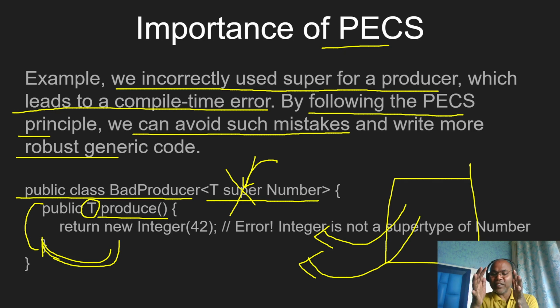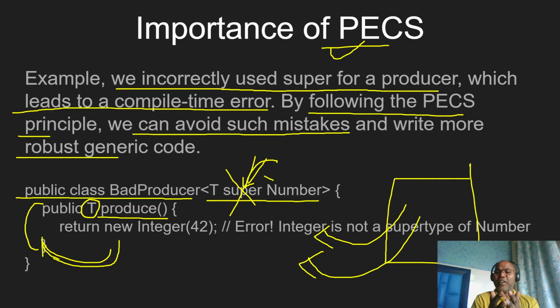So whatever the place where you are writing the generic, let's visualize at a high level. Your methods, your class is designed to receive the value or return the value or produce the value. If you are designing a class that produces the value, returns the value, use the extend keyword. Here it should be extend.